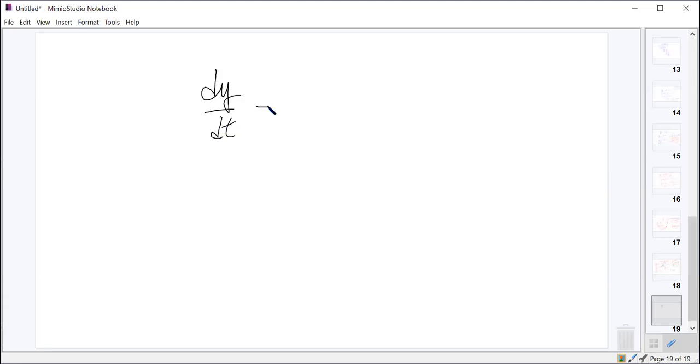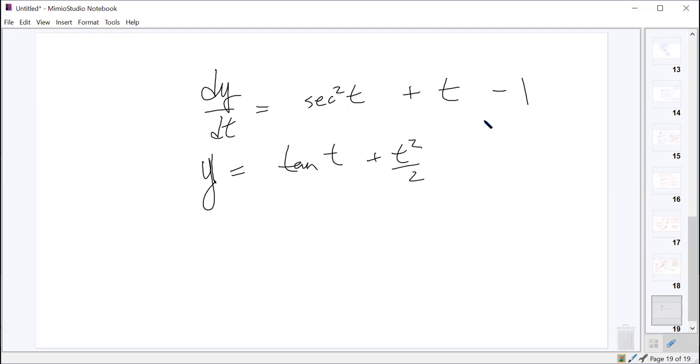Suppose we have something like dy/dt equals secant squared t plus t minus 1, right? That would give us y equals the integral of secant squared, which is tangent, the integral of t, which is t squared over 2, the integral of 1, which is minus t, plus some constant.